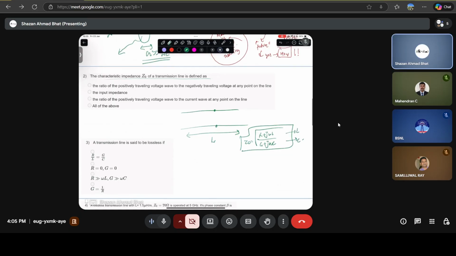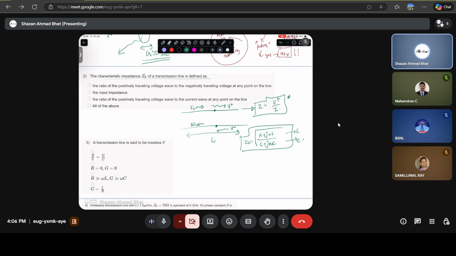You can solve the previous equations I showed in the slides, and you can show that if you have a positive traveling wave in this direction, let's denote that as V plus, and this as V minus, then you have the source current flowing in this direction and the returning current in this direction. You can compute the ratio of the voltage to the current going in this particular line, and that is going to give you the characteristic impedance at that particular point. So this will be the characteristic impedance.